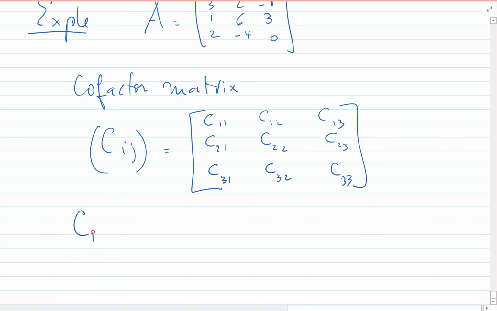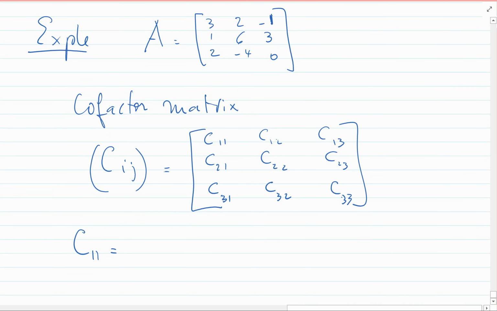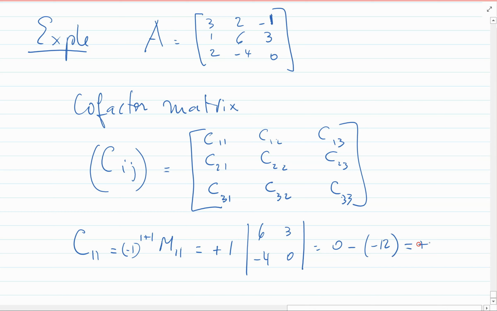So C11 is going to be, I'm not going to do all of them, but the point is it's going to be plus, because minus 1 to the power of 1 plus 1, times M11, which is plus 1 times, we remove the first row and the first column, 6, minus 4, 3, and 0, and that's 0 minus 12, and that's minus 12.